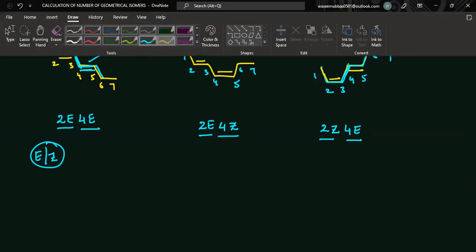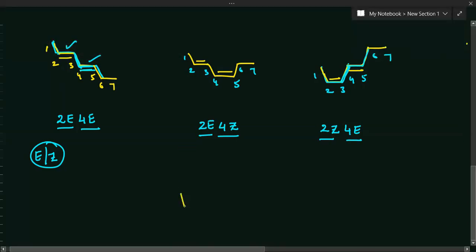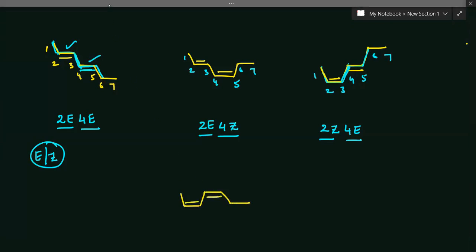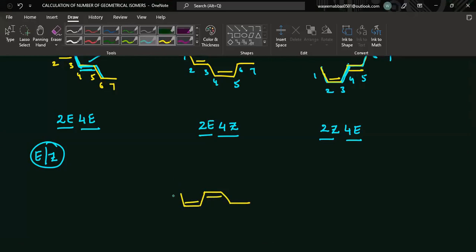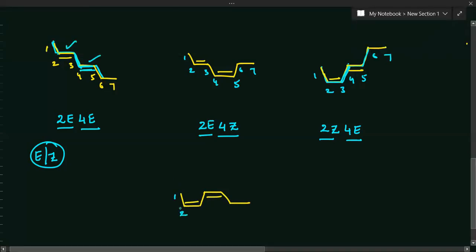And lastly, I can represent it by looking at the positions of the double bonds and the orientation across each double bond. That is 1, 2, 3, 4, 5, 6, 7. So here it's a cis, and here also it's a cis.